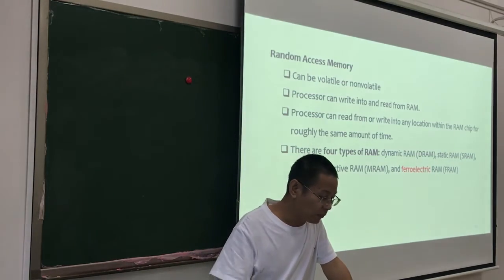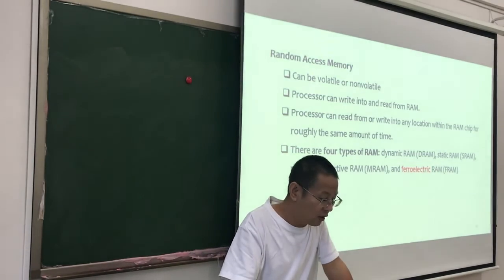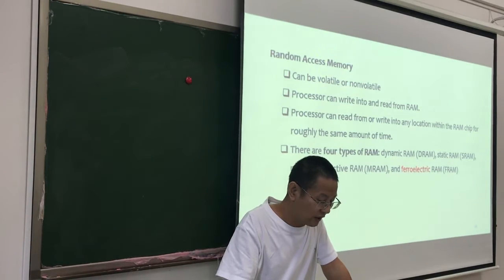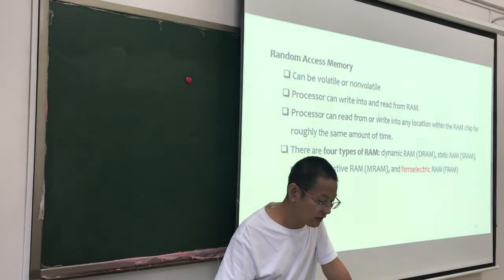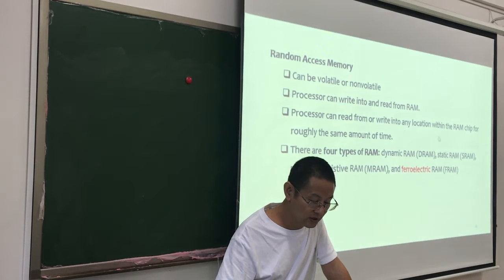Random access memory can be volatile or non-volatile, sometimes it can be different. The processor can write into and read from RAM. The processor can read from or write into any location within the RAM chip for roughly the same amount of time.